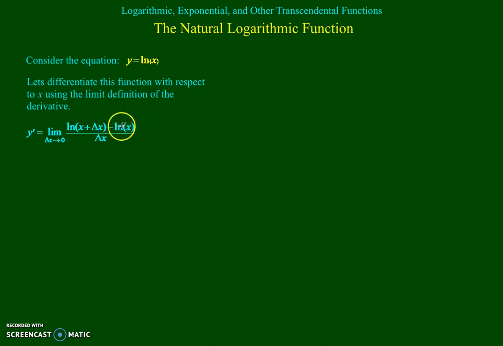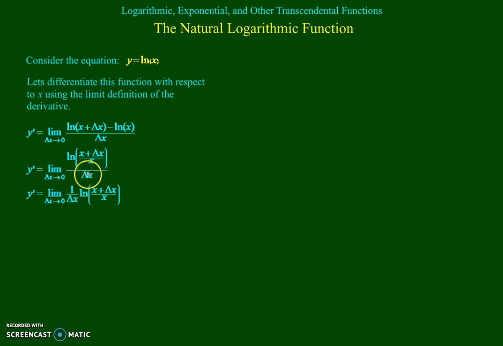And so that's what we're going to do, substitute this using the quotient rule. So this natural log expression is equivalent to this logarithmic expression. Now we're going to rewrite this slightly, and this logarithmic function divided by delta x is the same as the product of 1 over delta x times this logarithmic expression.